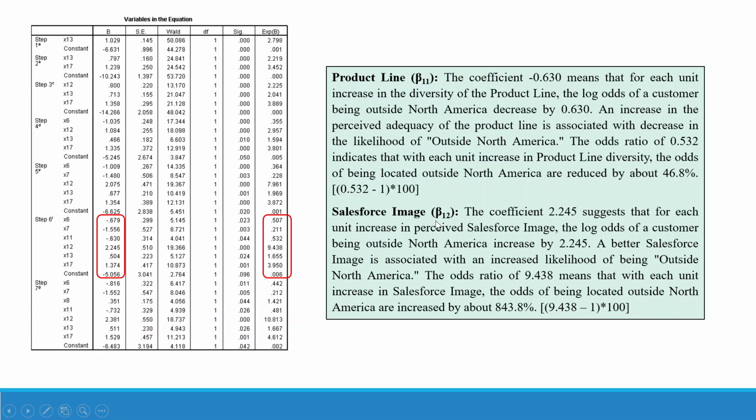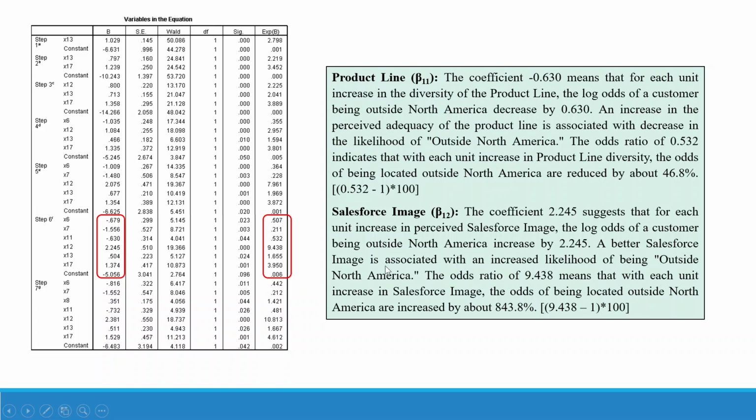Sales force image, beta 12, 2.245. Now the interpretation will change. The coefficient 2.245 suggests that for each unit increase in perceived sales force image, any guesses? The log odds of customer being outside North America increases, not decreases, increases by 2.245.